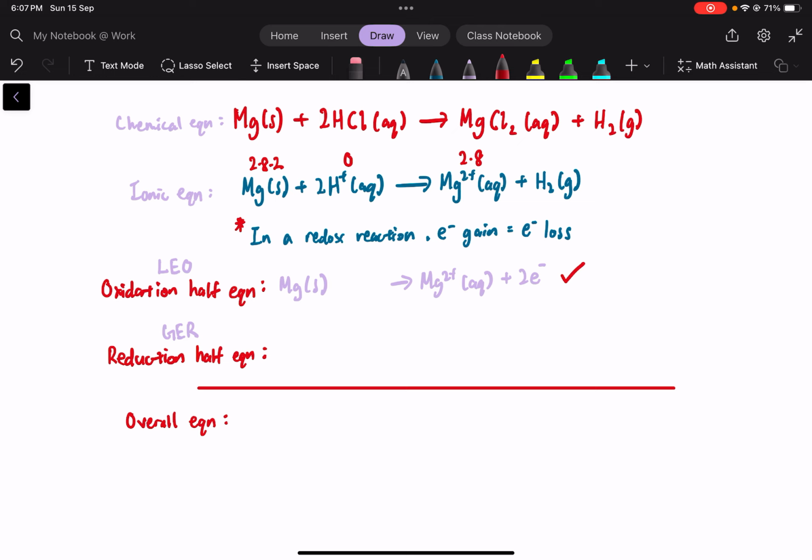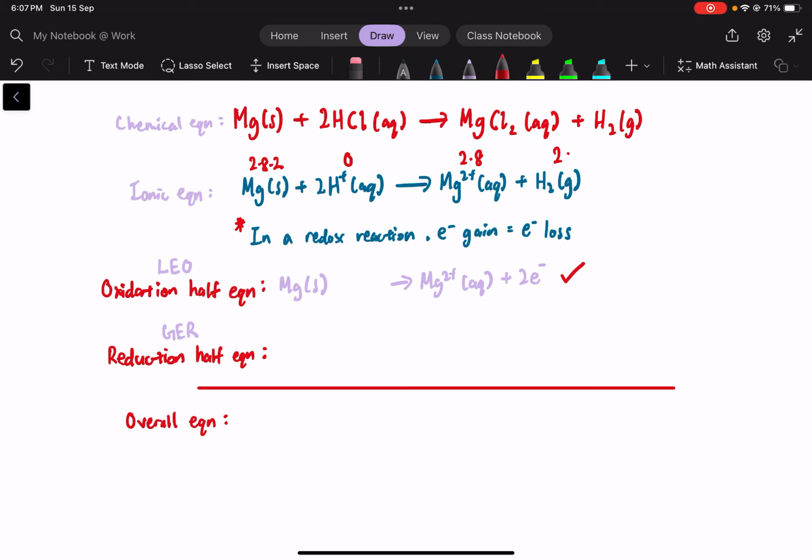So here we can see the product formed on the right hand side is actually hydrogen gas, a diatomic molecule. So the 2 H+ ions here have actually gained 2 electrons to form H2.